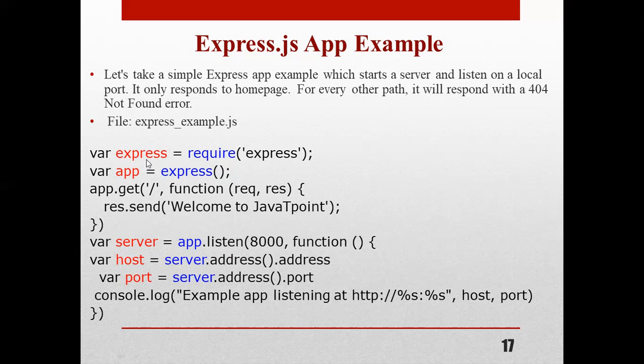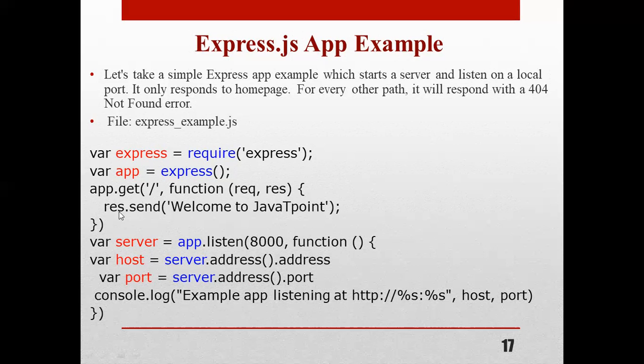Here you can see var express = require('express'). We are going to import the module using the require function. Now we are going to initialize it: var app = express(). Then app.get('/', function(request, response) {. We have seen this request and response form.